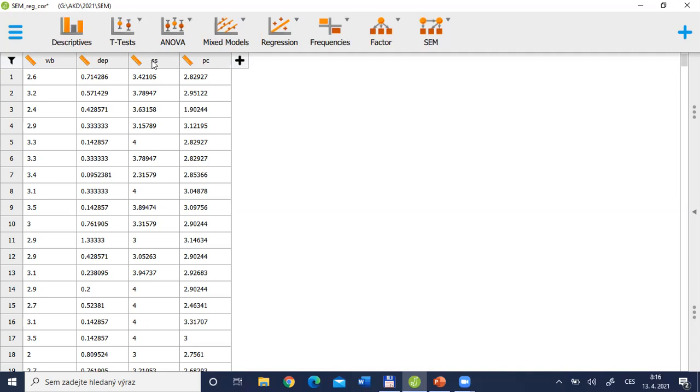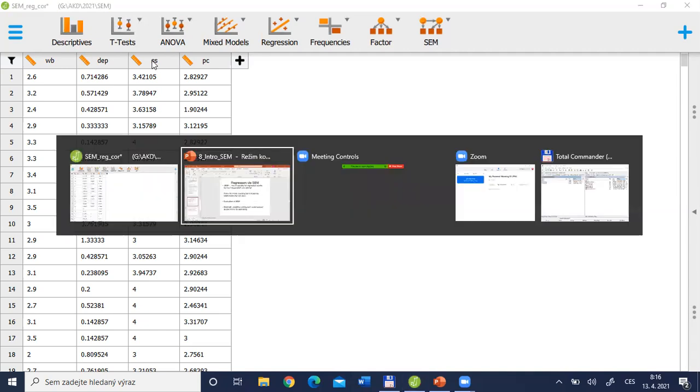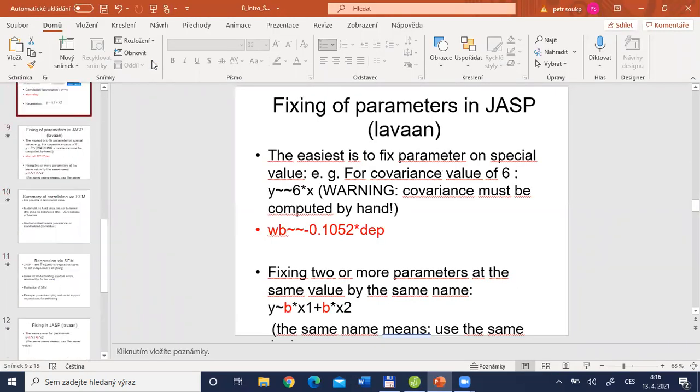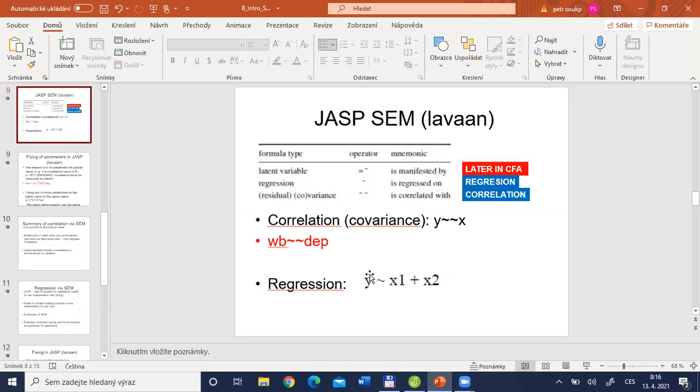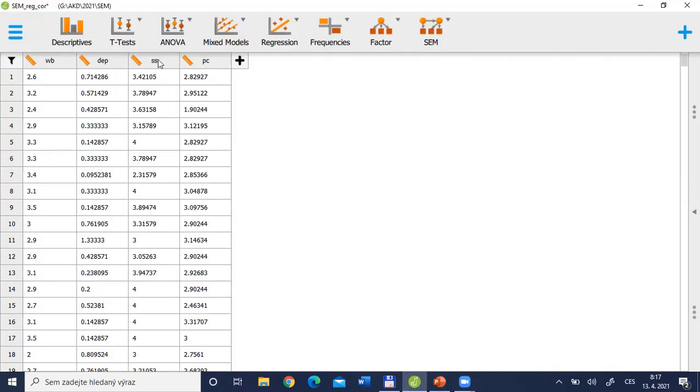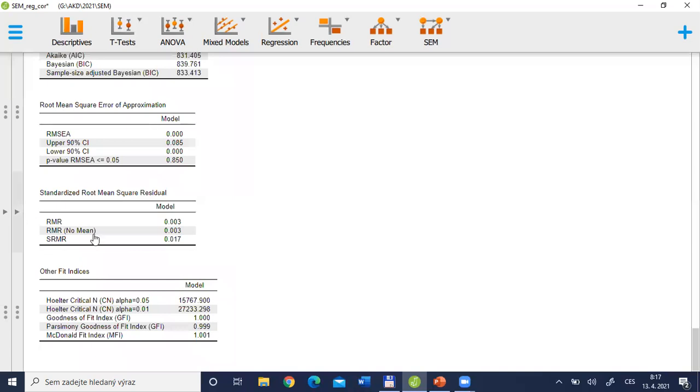If I go back to the description of the model in JASP, I would type well-being, WB, tilde, then social support as S, plus proactive coping PC. So this will be my regression model for the first insight.